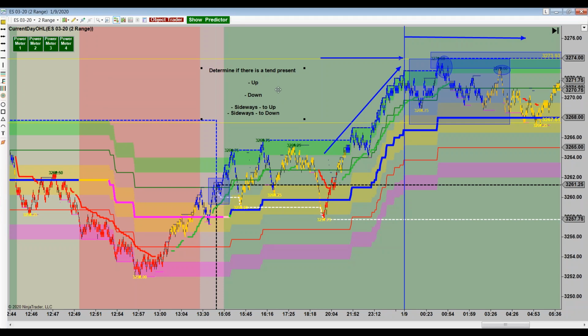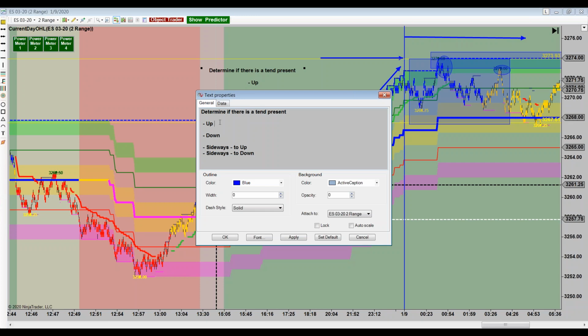Now, if you determine that the trend is up, then we automatically know that we are looking for long trades only, off of retracements into support areas to get long, right?